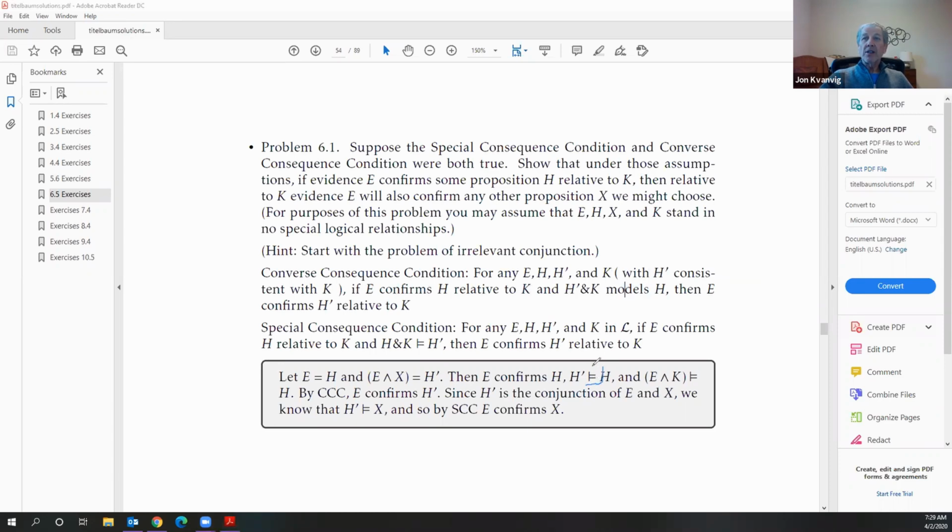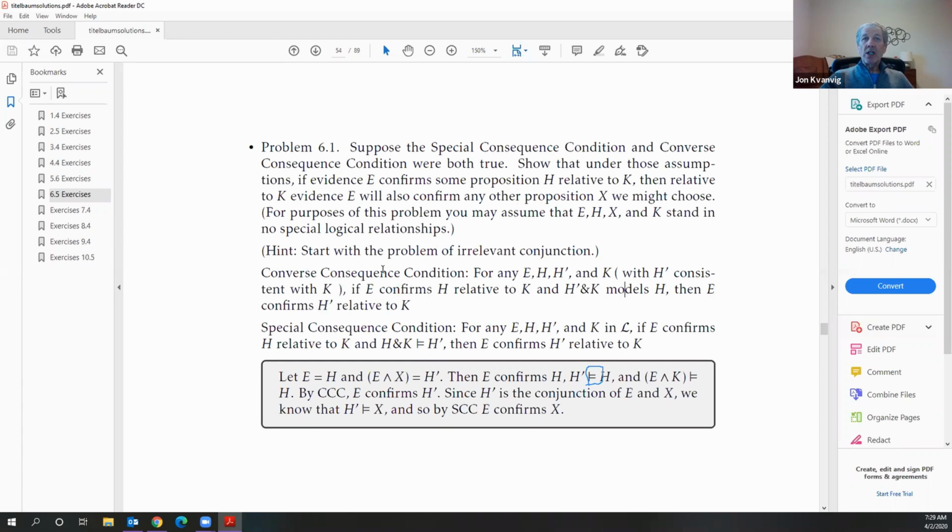This is our symbol for models. So we've got E confirms H and H prime and K models H. So we get an entailment from H prime to H given this background information. Then E confirms H prime as well.